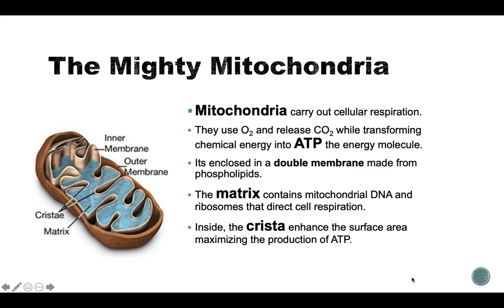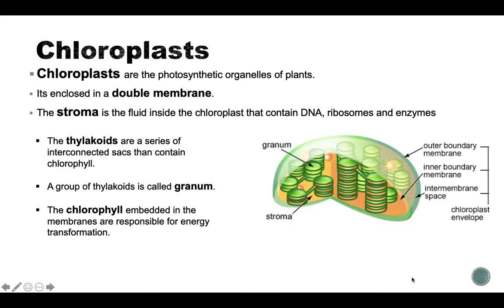And inside the matrix and in the crista is where the actual respiration occurs, the transformation of oxygen into carbon dioxide. This is where the sugars that we ingest during the day would eventually go to be broken down in the presence of oxygen to produce the ATP molecule that we talk so much about in every class that has to do with biology.